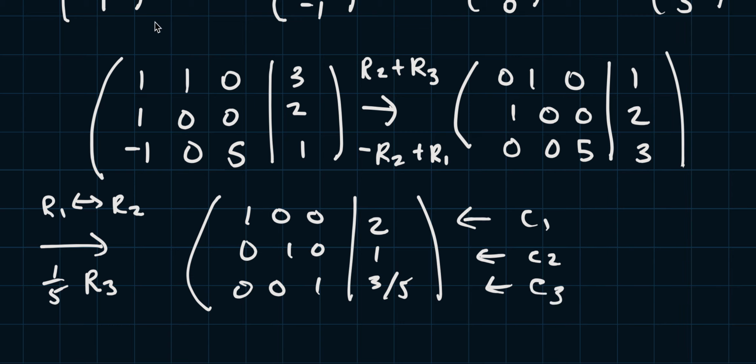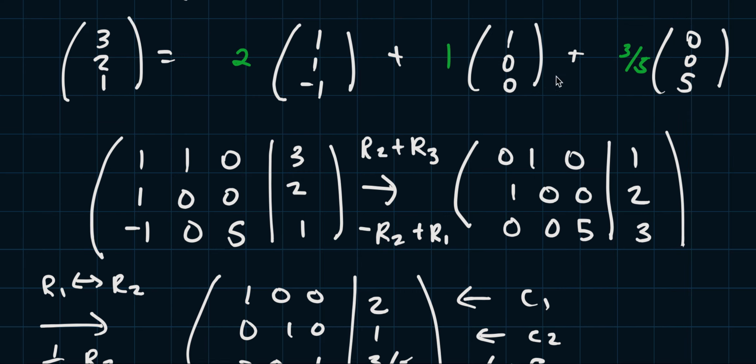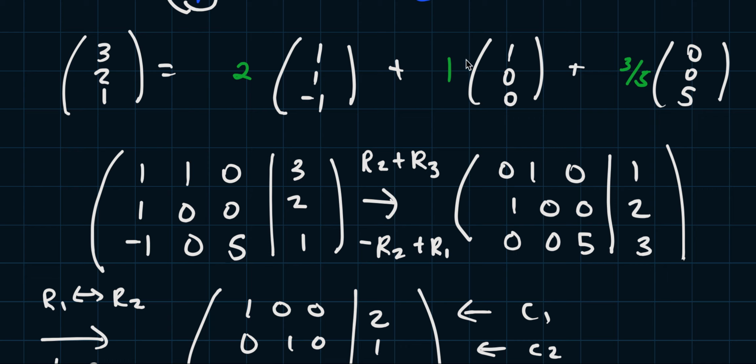Let's double check it. I'm going to erase the C1, C2, and C3, and I'm going to put in these numbers. So 2, 1, and 3/5. Okay, so I get 2 plus 1, that is 3. Then 2 plus 0 plus 0, that's 2.